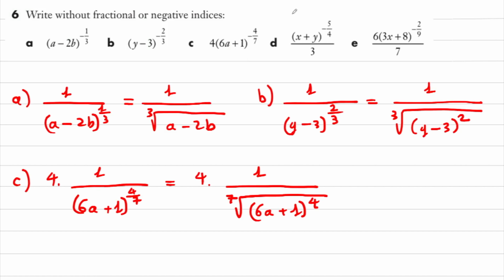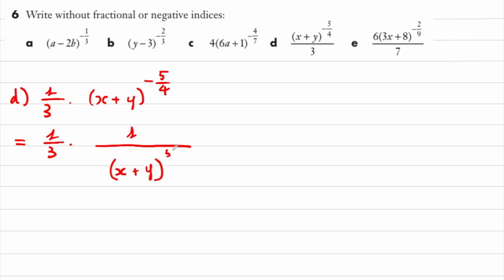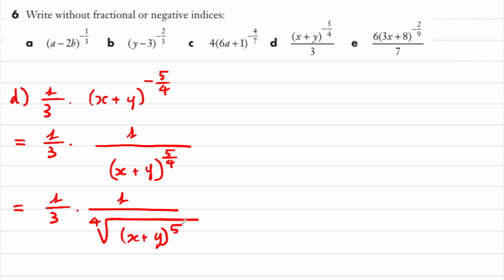Okay, of course, question D. About question D, the power is negative here, with 3 here, but I can separate 1 over 3 outside this expression for easy understanding, just like this. So 1 over 3 we multiply with the reciprocal of x, and the power outside will be 5 over 4. So here 1 over 3 and 1 over the fourth root of (x plus y) to the power of 5.